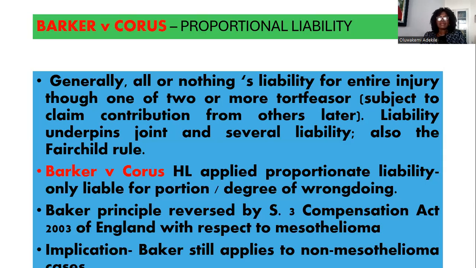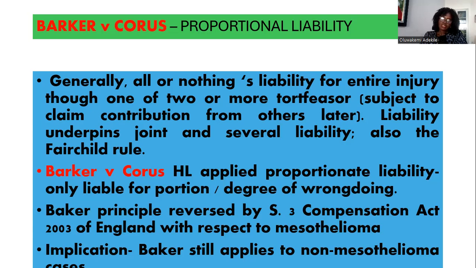The courts applied the proportionate liability rule. You know, in Fairchild, they were held responsible entirely. But in Barker v Corus, the House of Lords applied the proportionate liability rule and said that, look, they will be liable for the portion of the degree of their wrongdoing.